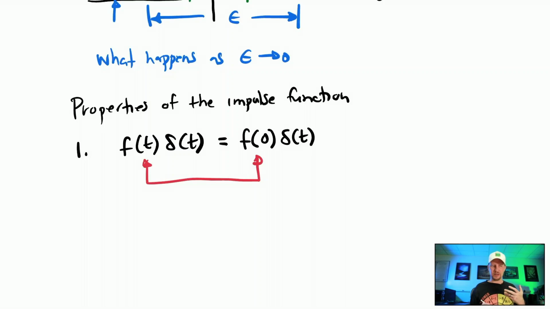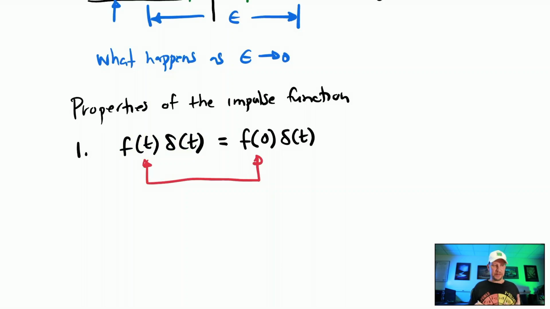Now, the rest of the arguments completely hinge on the idea that this is true, so make sure that you understand why. It happens to be because everywhere except 0, where the argument of the impulse function is 0, I'd be multiplying f of 0 by 0, because outside of that, the delta function happens to be 0.